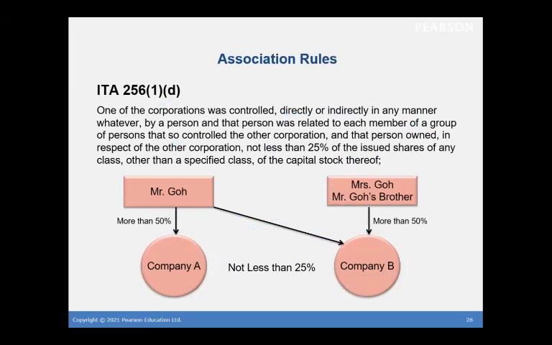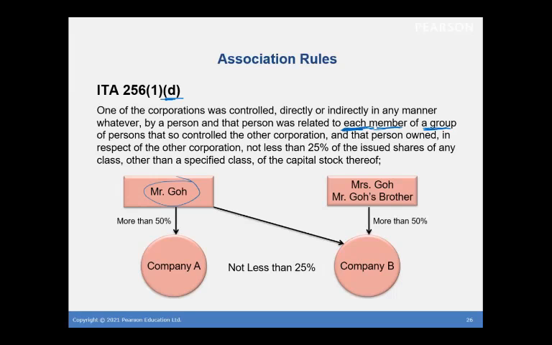So in our next one, this is D. In this one, we have one of the corporations was controlled, and I'm going to just leave this part out just so it's a bit simpler, by a person. So we'll call that Mr. Go. He controls A. And that person is related to each member of a group.